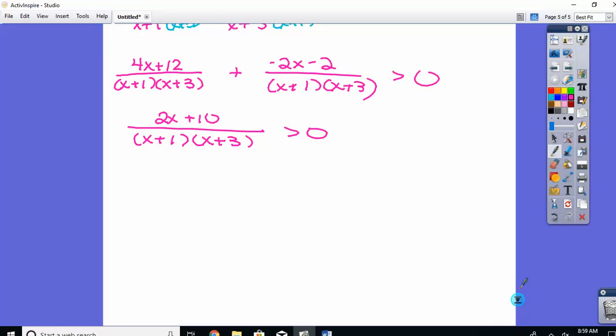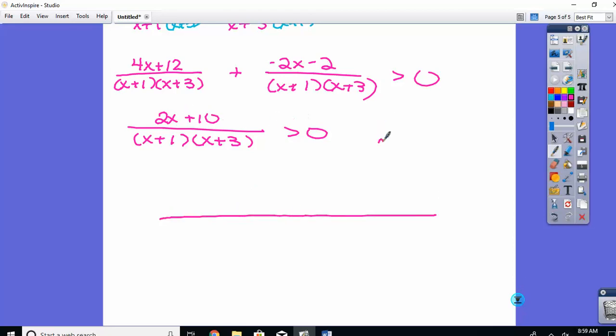So this is our goal, to get something in this form. A fraction, the inequality, and then a 0. How does that help me? What do I do now? Remember we made that sign line, that number line? And we set each piece equal to 0.